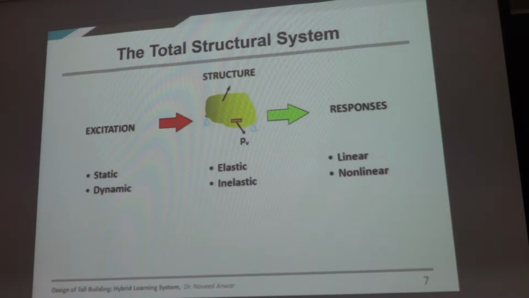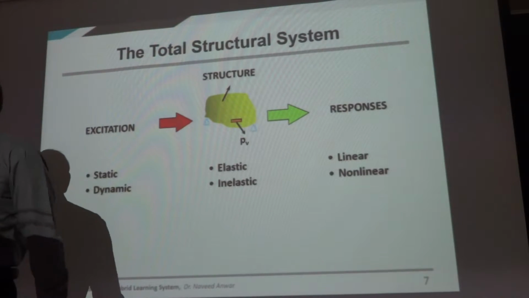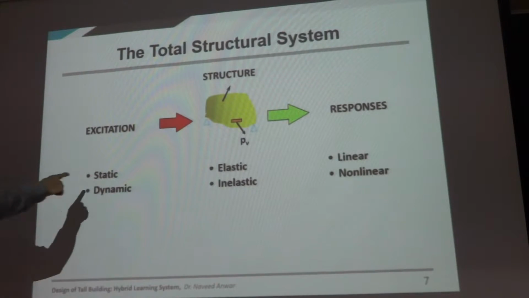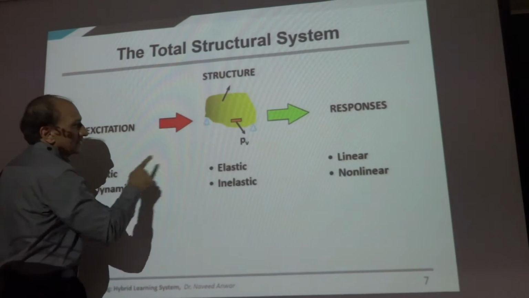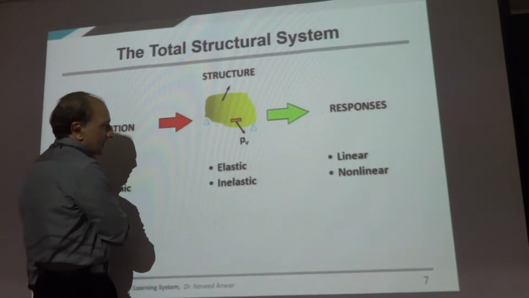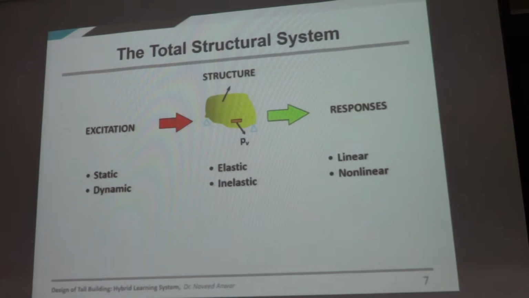So how many possible relations are there between these quantities now? So there are 8 possibilities of this thing happening. It could be static, elastic, linear; static, elastic, non-linear; dynamic, elastic, linear; dynamic, elastic, non-linear, and so on, right? So there are 8 possibilities for us to have in this combination.